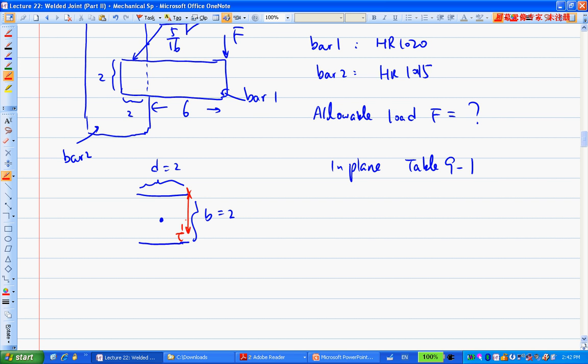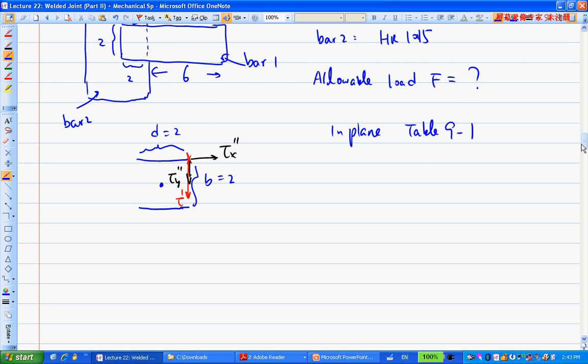But remember, I don't calculate tau double prime directly. We calculate tau x double prime and tau y double prime, the 2 decomposed components of this tau double prime. So tau x double prime is this, and tau y double prime is going to be this. All right.